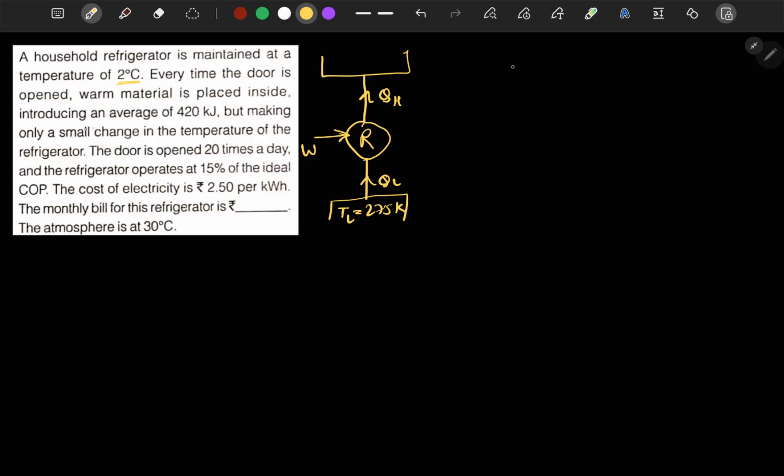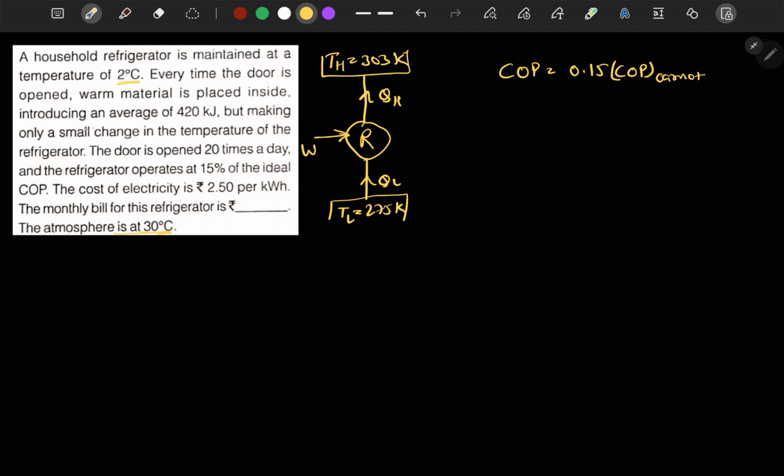So COP actual is equal to 0.15 times COP ideal, or we can also say Carnot. The cost of electricity is 2.5 rupees per kilowatt hour. What should the monthly bill of the refrigerator be? The atmosphere is at 30 degrees Celsius, so the high temperature reservoir will be at 303 Kelvin.